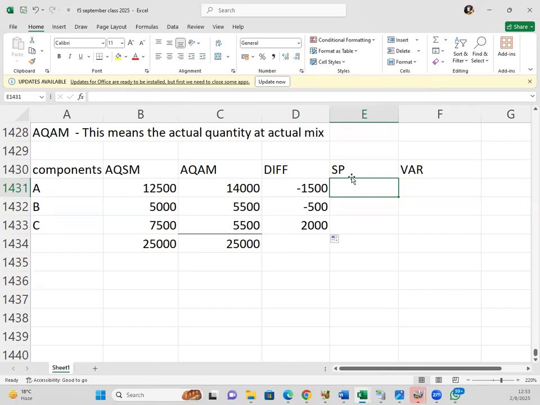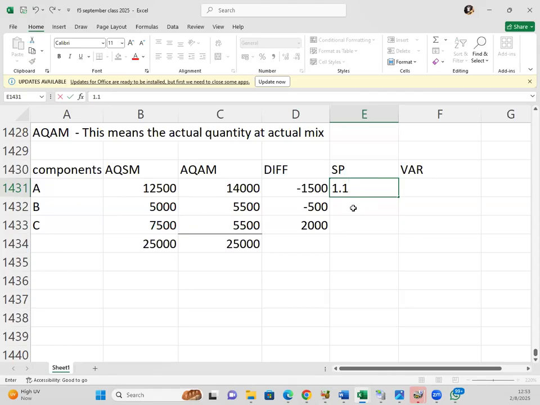So the standard price, what's the standard price? This is the budgeted price.